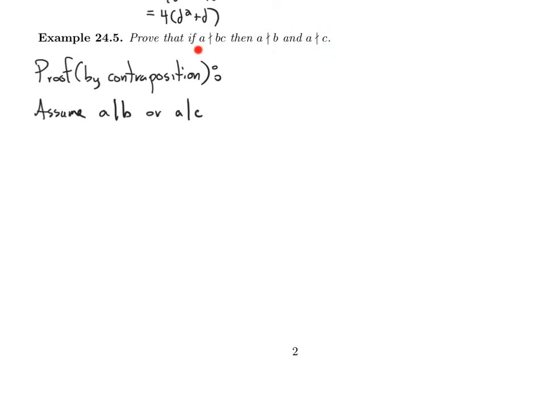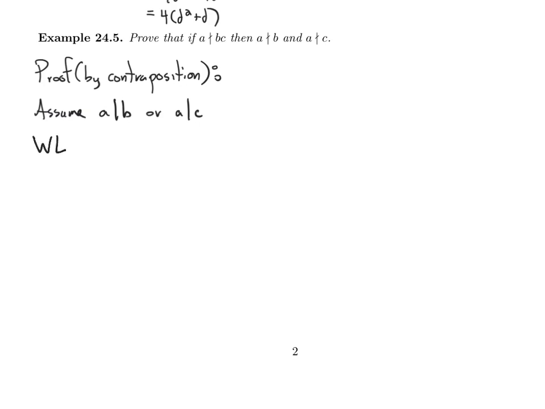Now, if we look at what we want to show, that A divides BC, because we want the negation of this, because we're doing it by contraposition, B and C play the same role here. So it's just the product of these two numbers. There's no order to product. So I'd be doing the exact same work if I assumed A divided B or if I assumed A divided C. So this is a good opportunity to use without loss of generality.